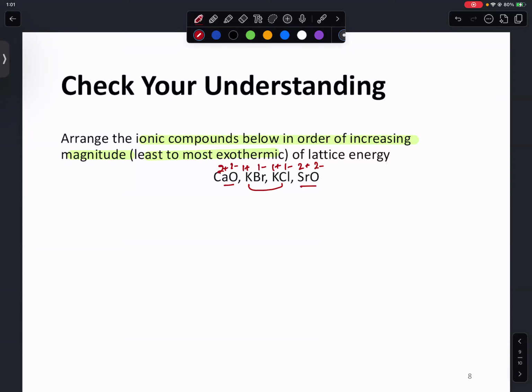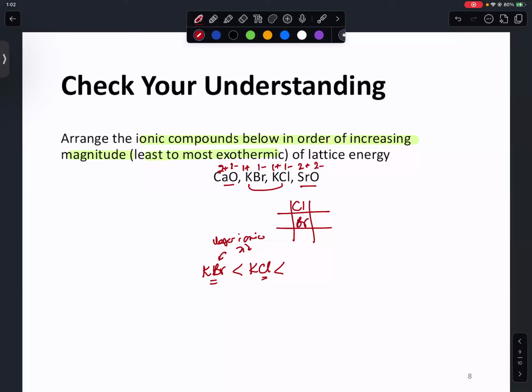Now, looking at potassium chloride and potassium bromide, these are group 17 anions, chloride and then bromide. The least exothermic lattice energy is going to be potassium bromide, and then potassium chloride, since bromide has a larger ionic size compared to chloride.